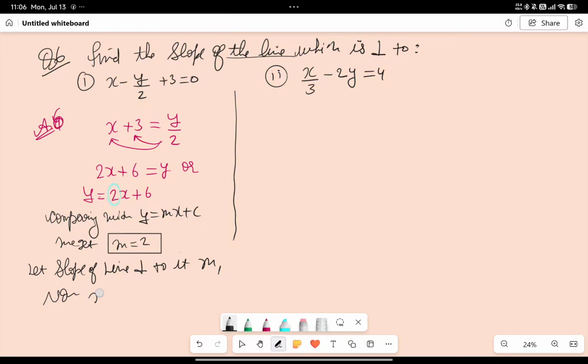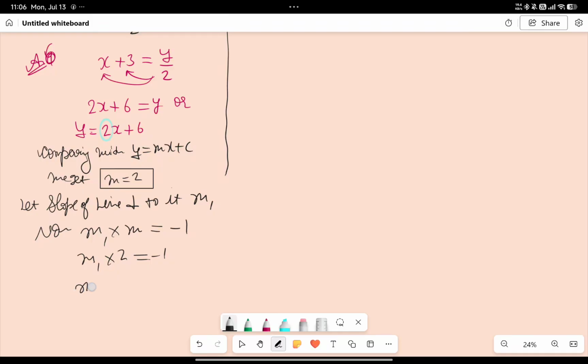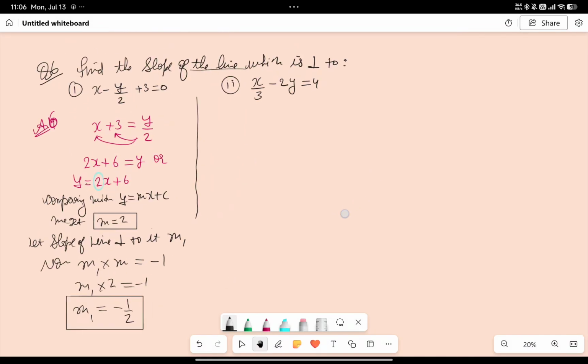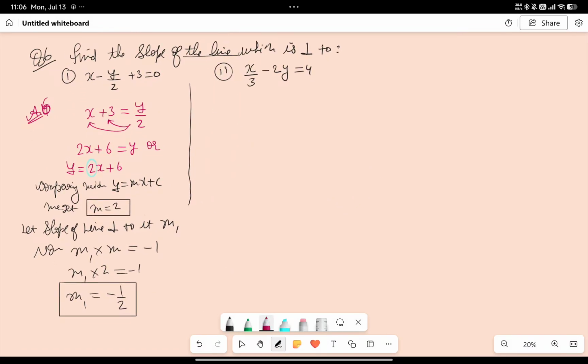Now m1 multiplied by m equals minus 1. Now put the value of m. M is 2. So in the next step, m1 is minus half. So this is the required slope of the line which is perpendicular to it. Fine. Now let us find the same here.